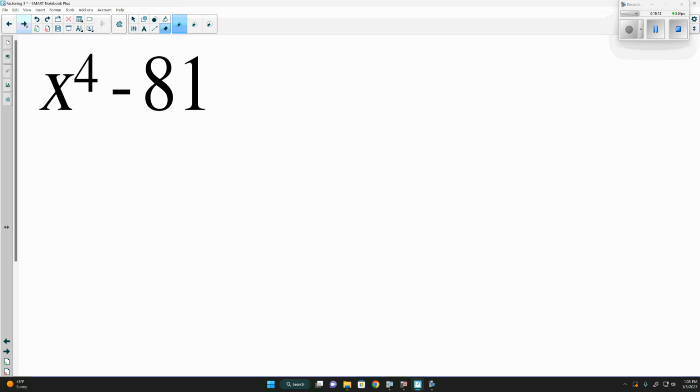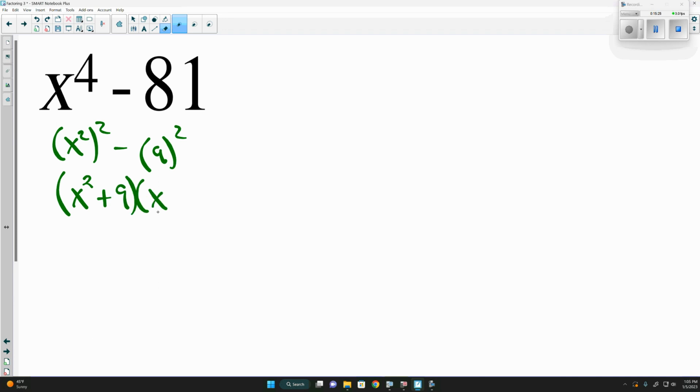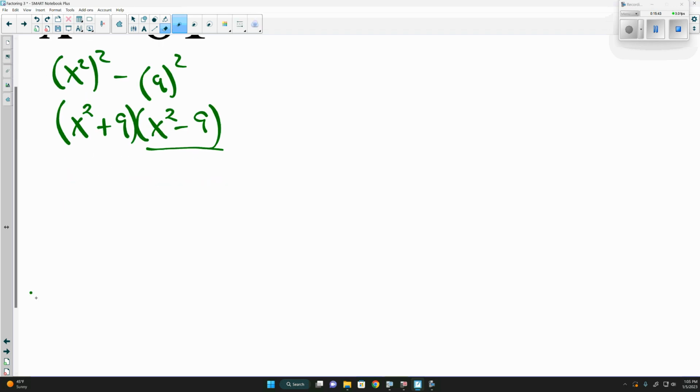We're going to do one more. Yes. So that would give us x squared plus 9 times x squared minus 9. Now the question is, is 9 a perfect square? So this time we do actually have a difference of perfect squares. Now the sum of perfect squares does not factor into real terms.